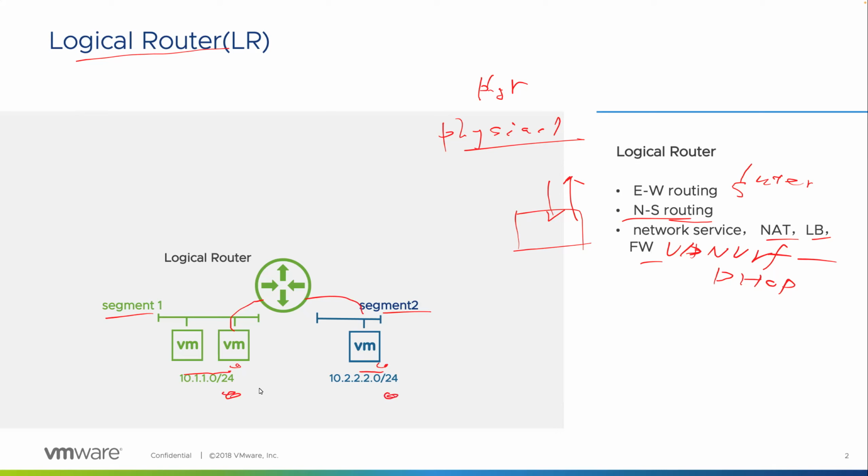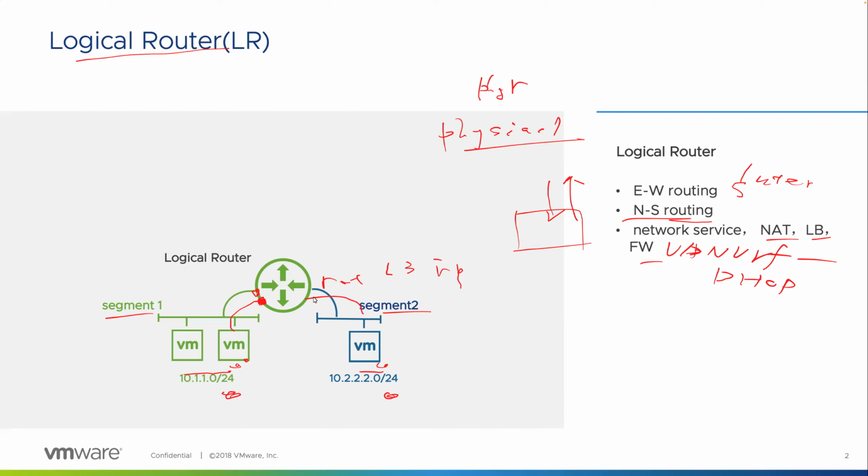In terms of communication between the two subnets, we have to use a routing function, which is layer 3 routing, IP routing. That means when this VM sends out a packet, it will go to its gateway at the first step.